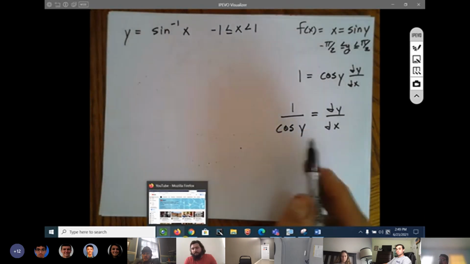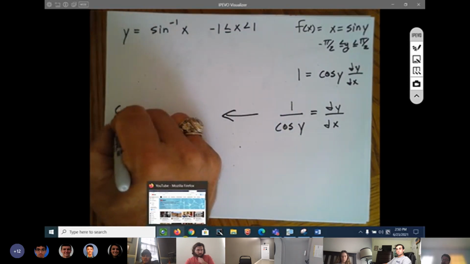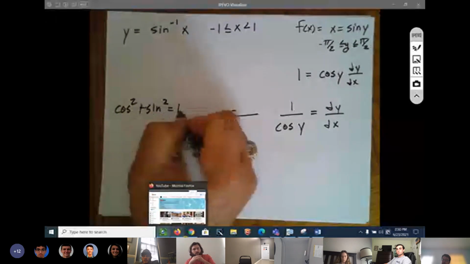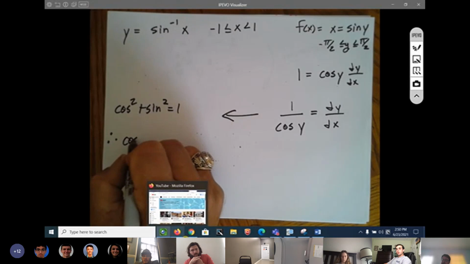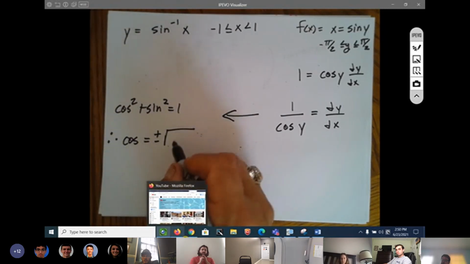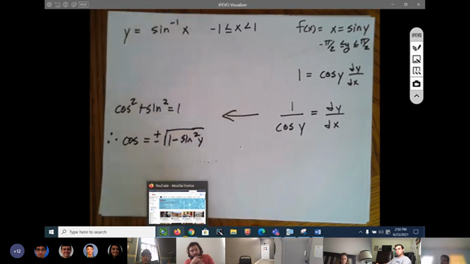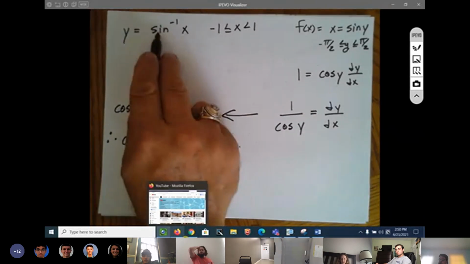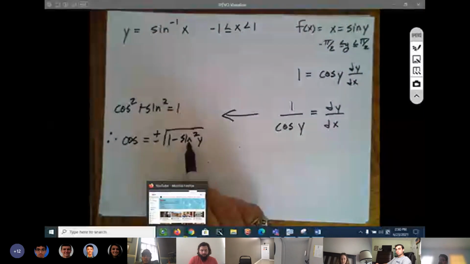And using the Pythagorean theorem, we know that cosine squared plus sine squared is equal to 1. Therefore, cosine is equal to positive or negative square root of 1 minus sine squared y. We've got cosine, we got that. We know that x is equal to sine, so we can say this is x.